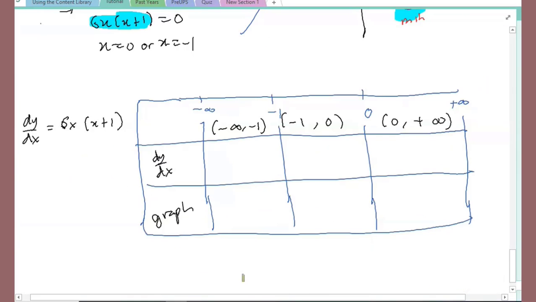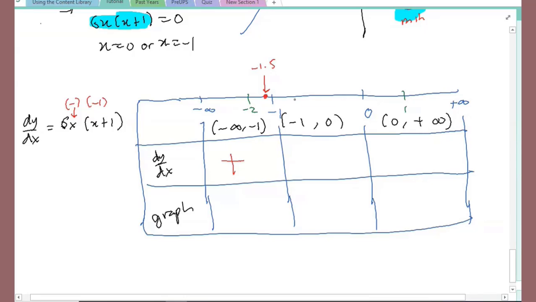Okay, so now from the table, choose one value. Let's say negative 1, negative 2, 0, 1. Between negative 1 and negative 2, choose let's say negative 1.5. Substitute negative 1.5: it is negative, negative 1.5 plus 1 is negative, so the result is positive, you want the value either positive or negative only.